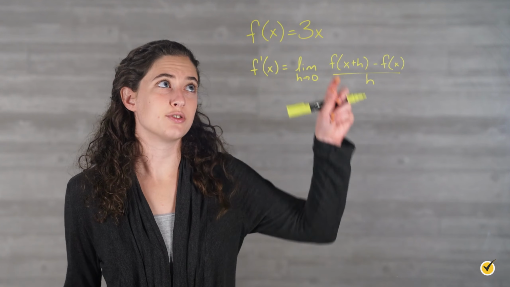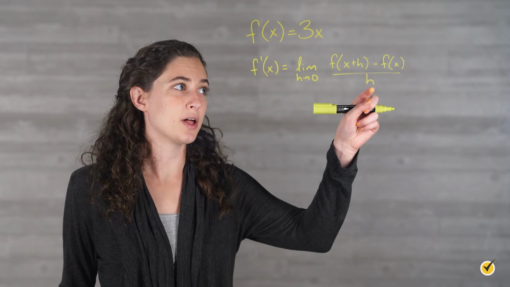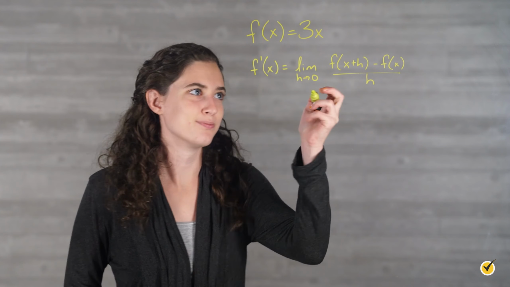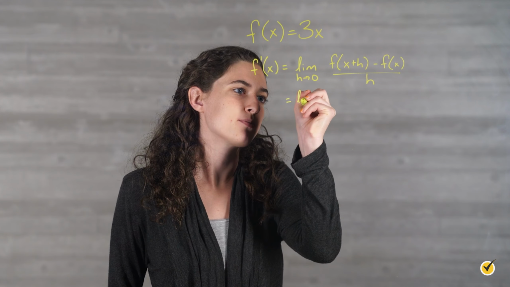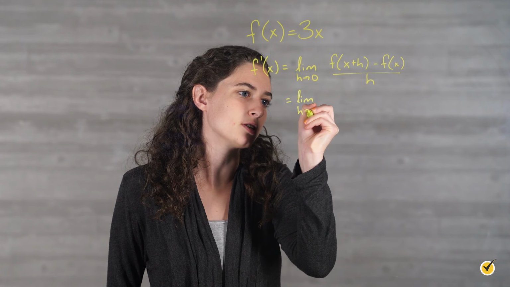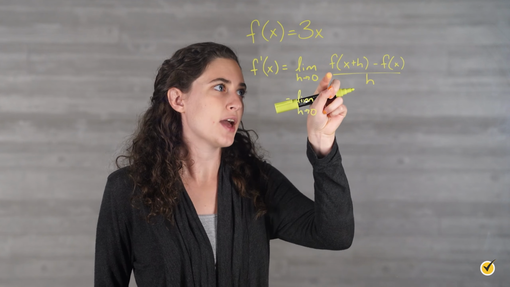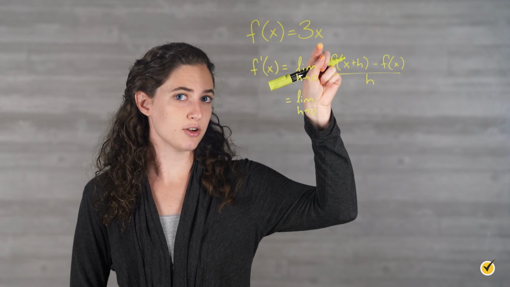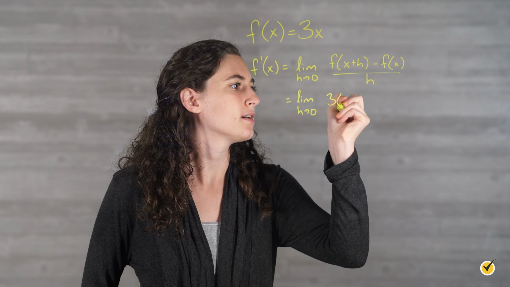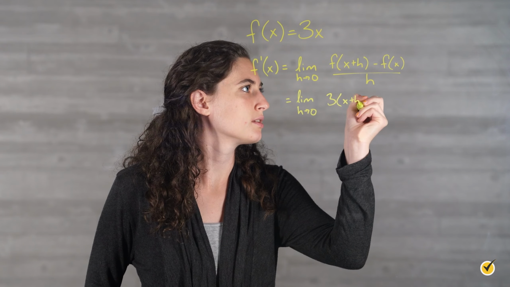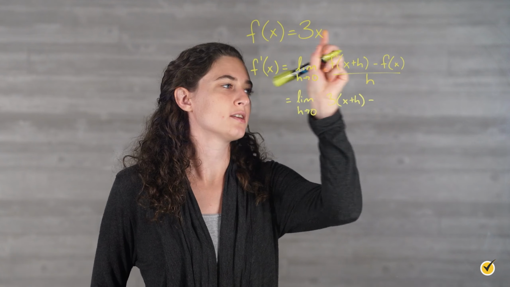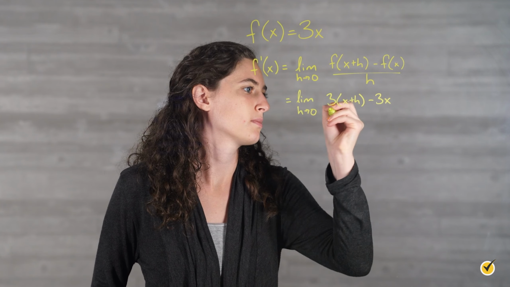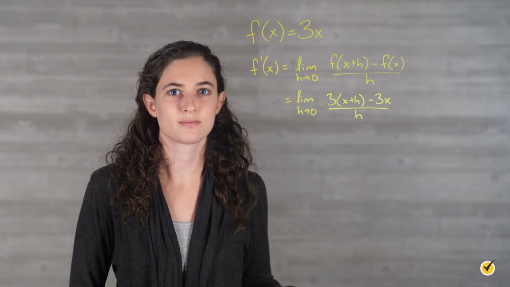So now we're going to use our function f of x to plug in our values into our formula and solve. So we'll have the limit as h approaches 0 of f of x plus h. We're going to plug in x plus h anywhere we see an x in our function. So we'll have 3 times x plus h minus f of x, which is 3x, all over h.